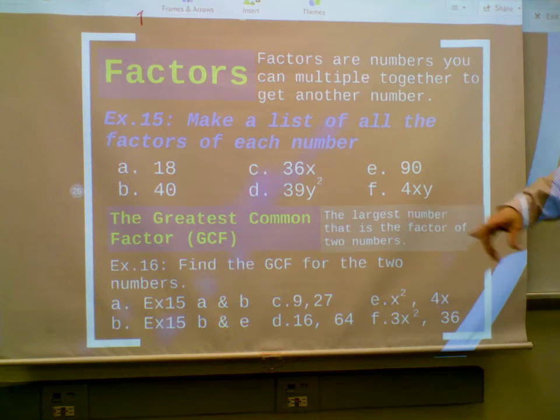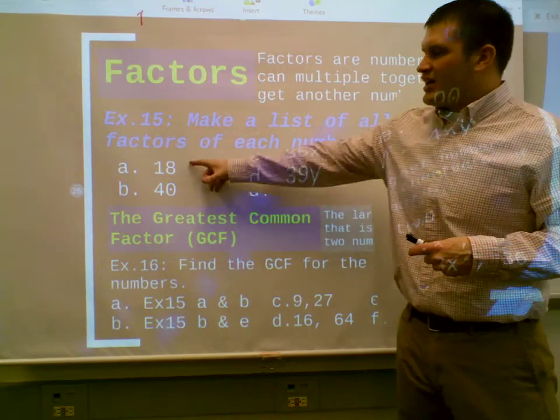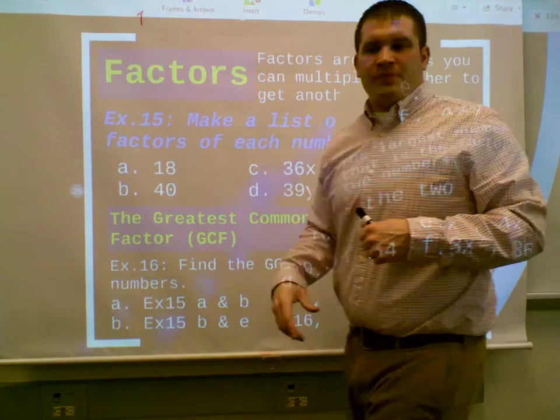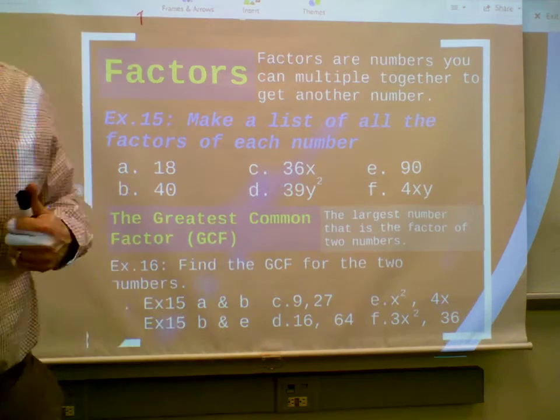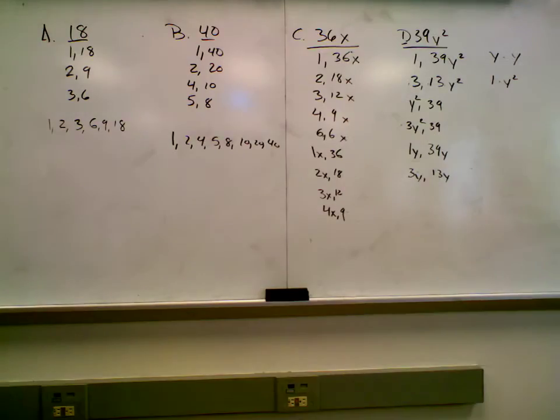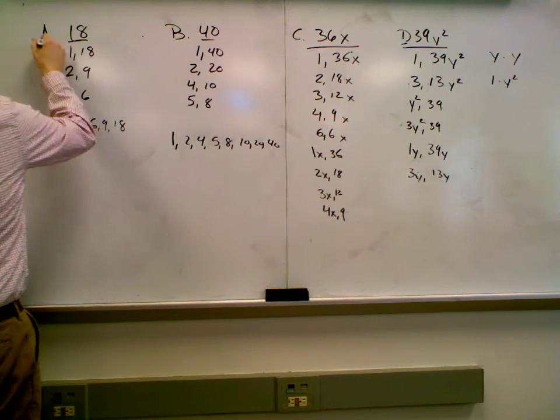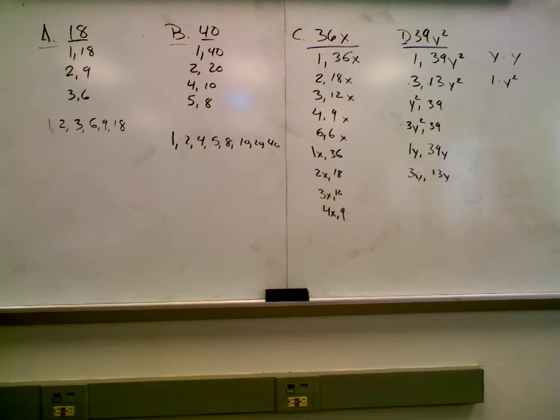Now our first example here is A and B. Remember, A and B was 18 and 40. You guys already made that list, didn't you? So if I look at 18 and 40, the greatest common factor is the largest number that's in both lists.